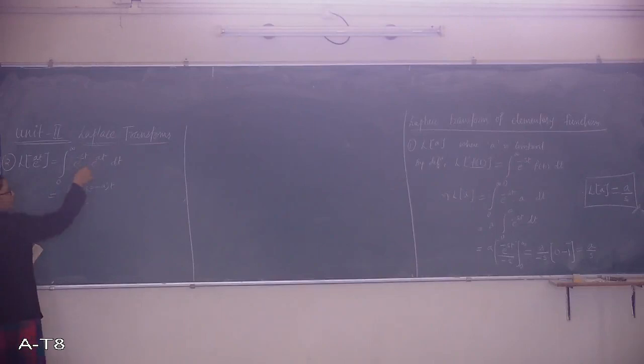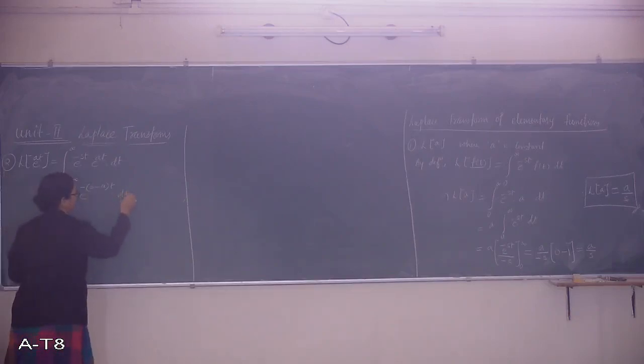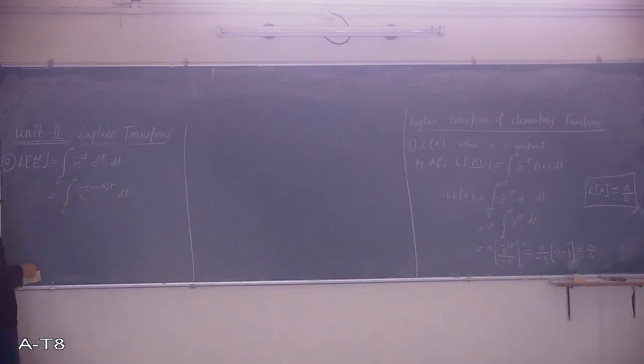So it becomes e to the power minus of s minus a into t dt. Now integrate. What is the integration of e to the power minus of s minus a into t? It is e to the power minus of s minus a into t divided by minus of s minus a.